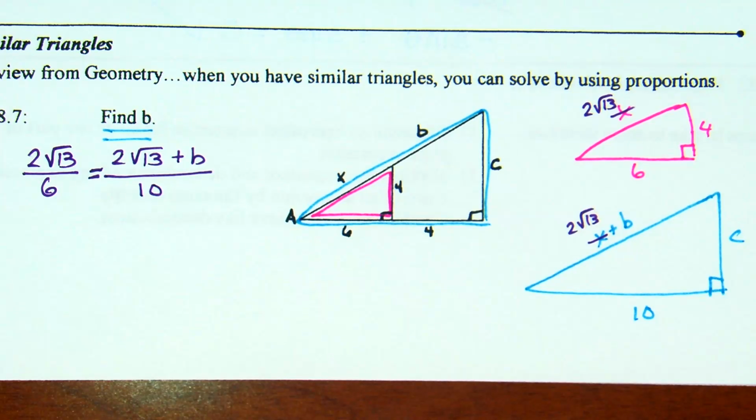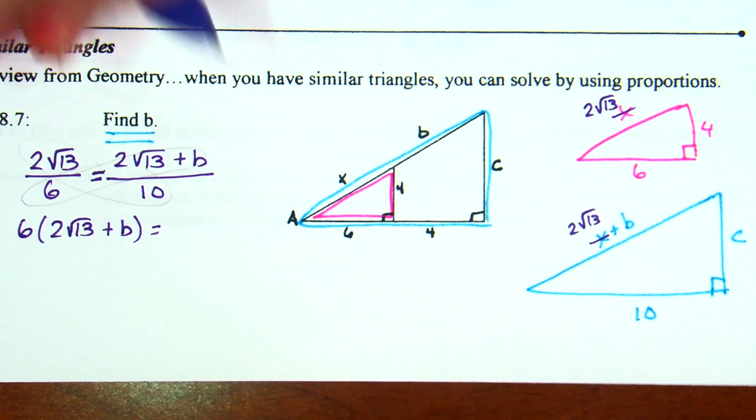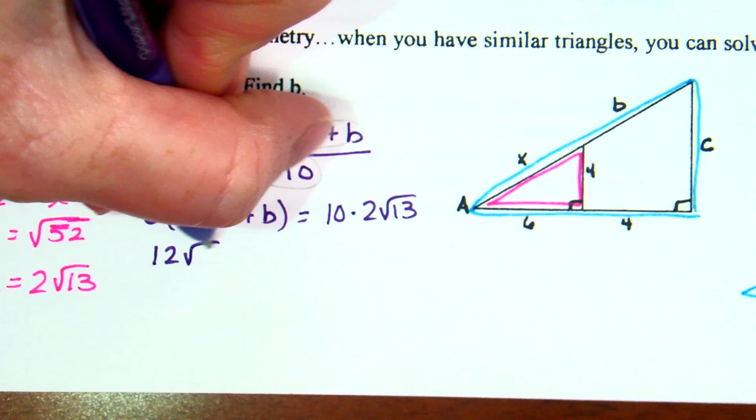6 times 2 square root of 13 plus b is going to equal 10 times 2 square root of 13. Okay. We're going to distribute. 6 times 2 square root of 13 is 12 square root of 13 plus 6b equals 20 square root of 13.